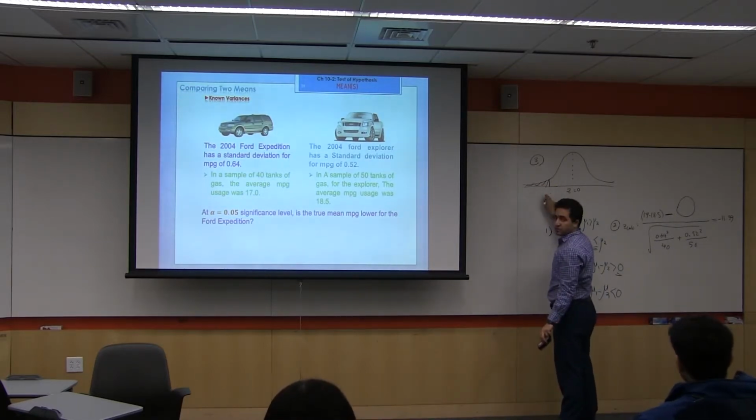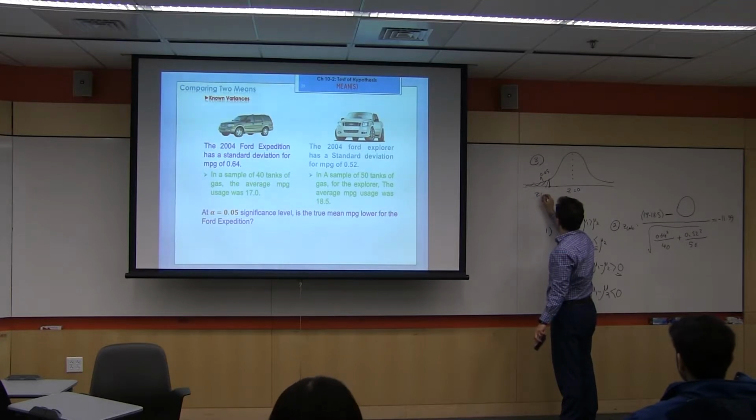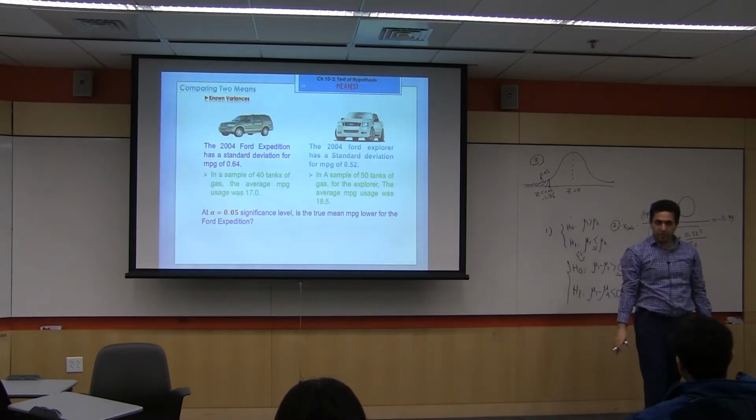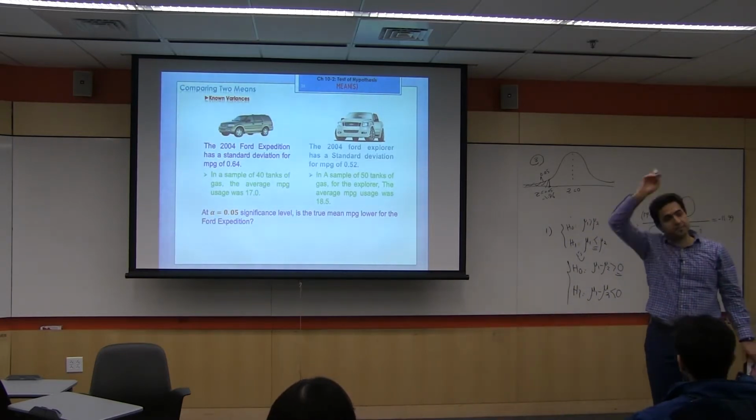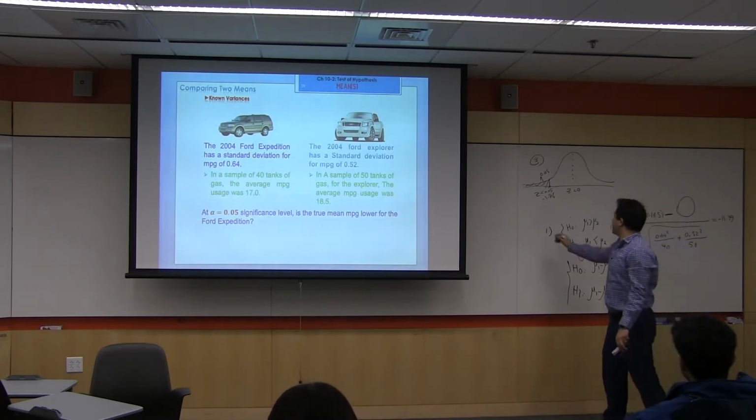Alpha of 0.05. This is Z of 0.05 or negative 1.96. Am I right? Now I make decision.